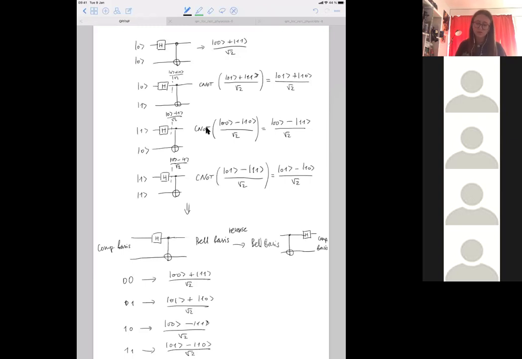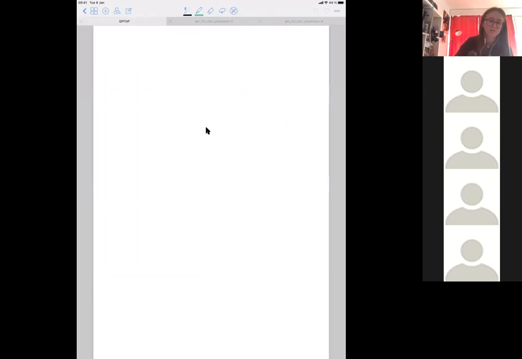Which means that the arrows here also reverse. If we start with the Bell basis state and apply first the CNOT and then a Hadamard, then we can just measure both of these qubits in the computational basis, and we will know exactly with which Bell basis state we have started.